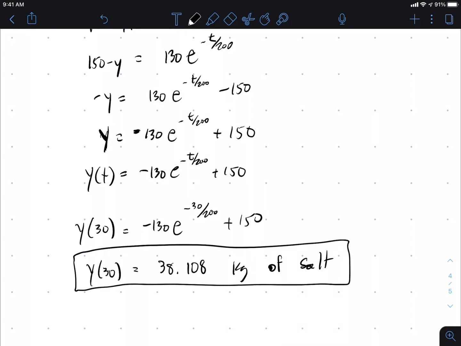Any questions on the process? We're good?